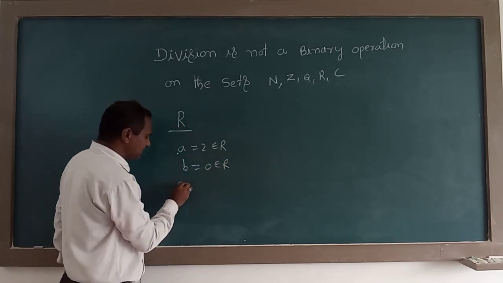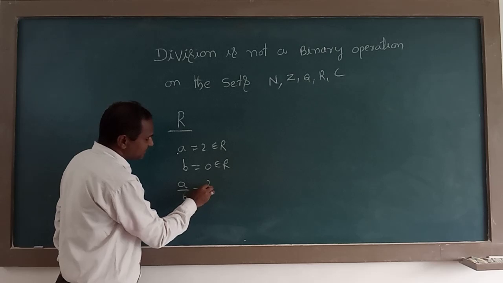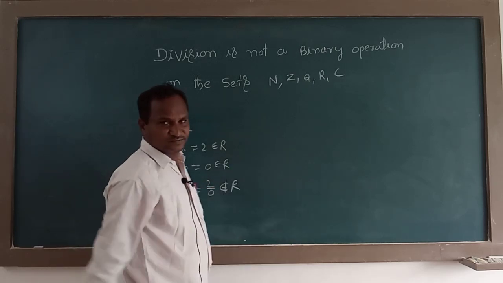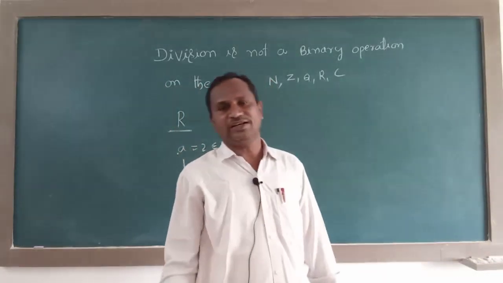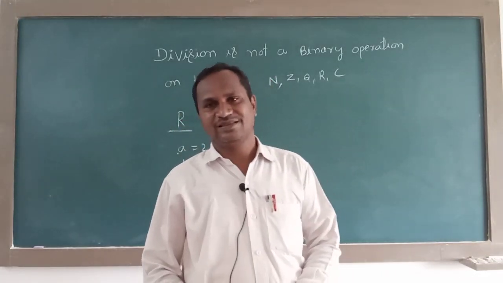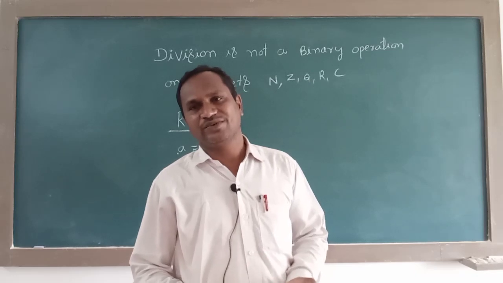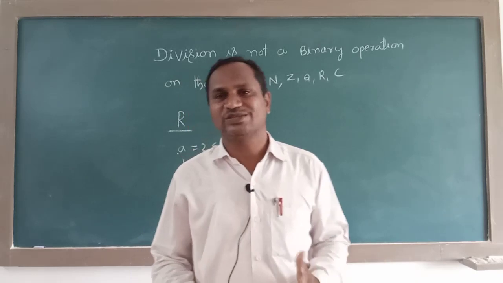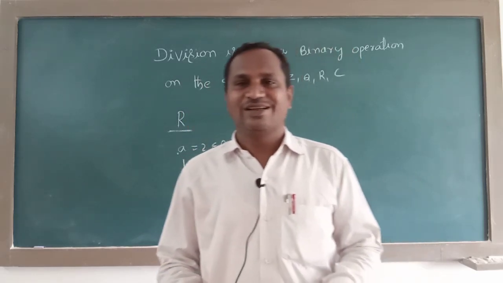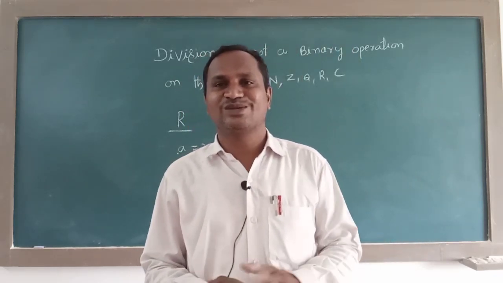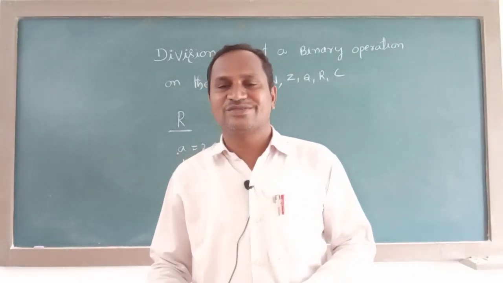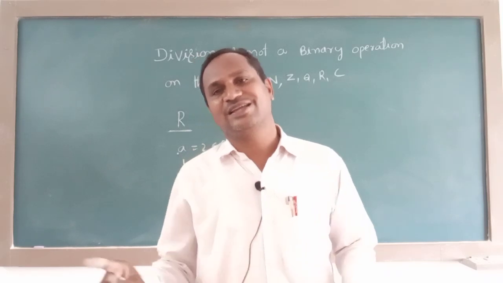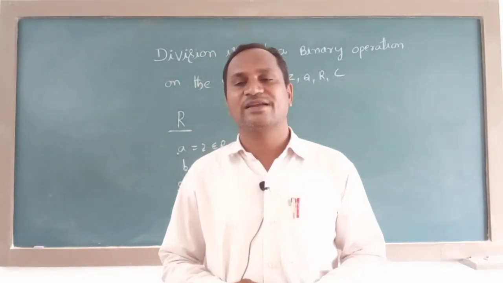That's why a divided by b, meaning 2 by 0, does not belong to capital R. 2 by 0 means infinity. It's a meaningless term. We do not see infinity as any actual number. That's why 2 by 0, 3 by 0, 4 by 0, 5 by 0 and numbers like those are not present in the set. Because of this reason I am telling that division is not a binary operation on the set of all real numbers.